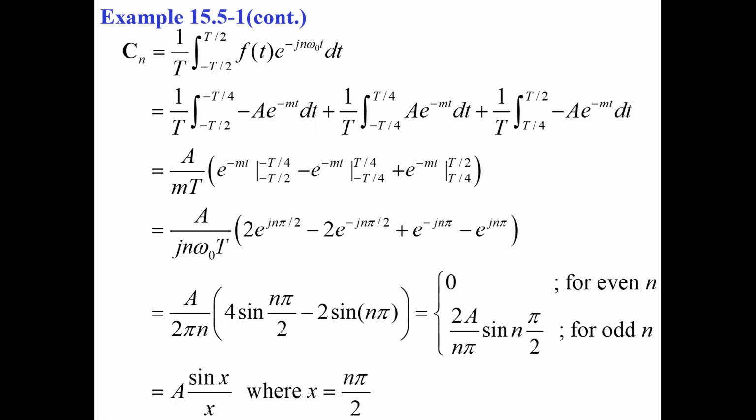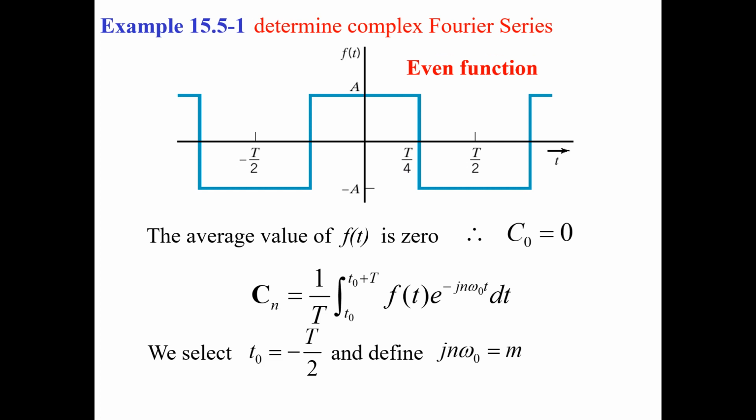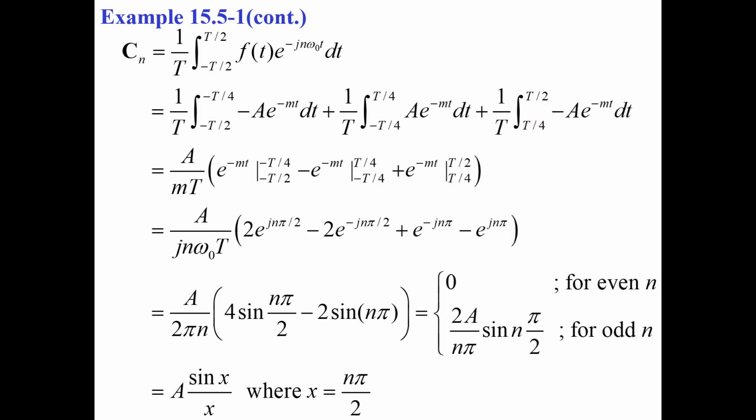This is taken from here, minus T by 2 to minus T by 4, and the next one is from here to here, this one, and then this one. There are three different intervals, and when you are going to evaluate these, this is pretty simple mathematics. Just simplify it and put the values of this m to avoid the confusion.